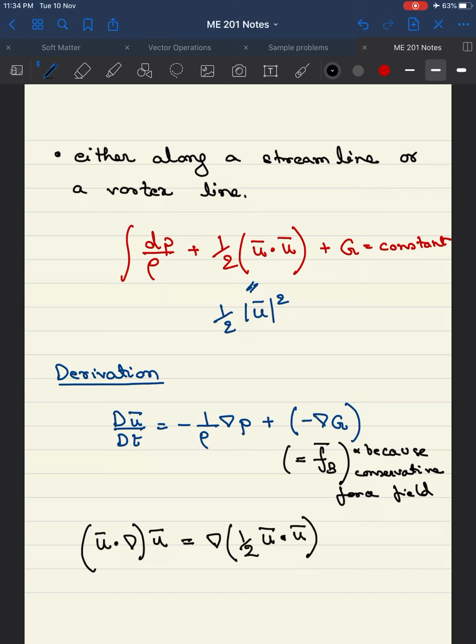This was the identity minus u cross u. This is an identity, which means it's always true. When we break up this term into the two quantities, we are going to replace this term with this equivalent.